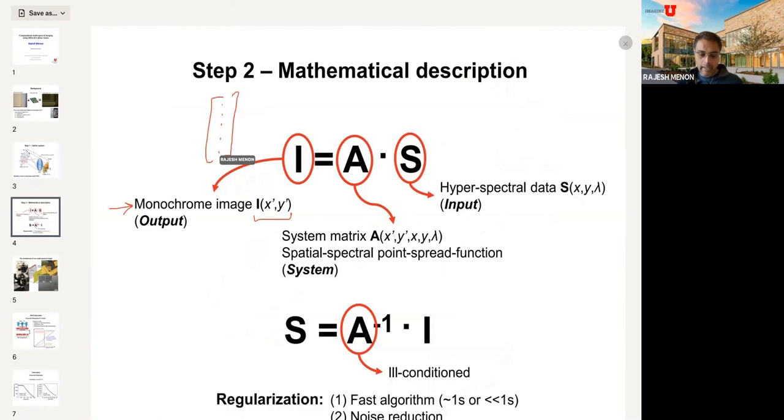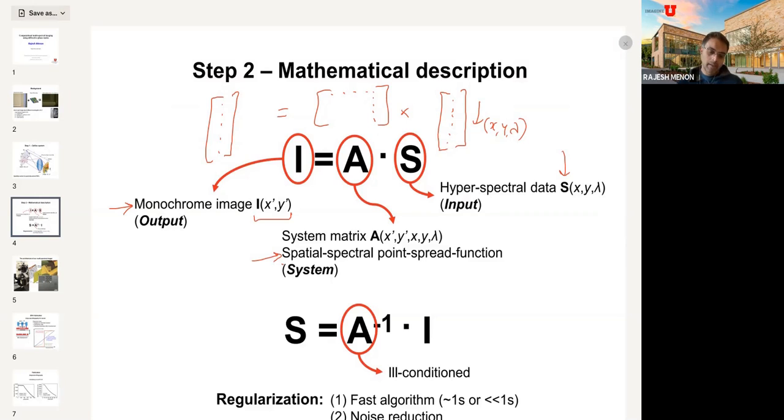Then I have my input data, which is this S, hyperspectral data, that is also a column vector because I'm going to just open it out in x, y, lambda, and I'm going to index it down. And in between, I have a system matrix, or it can be thought of as a spatial spectral point spread function, or the transfer function. This is a matrix, right? And I can write this as a matrix equation.